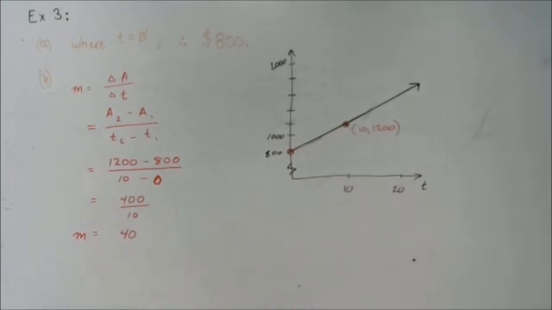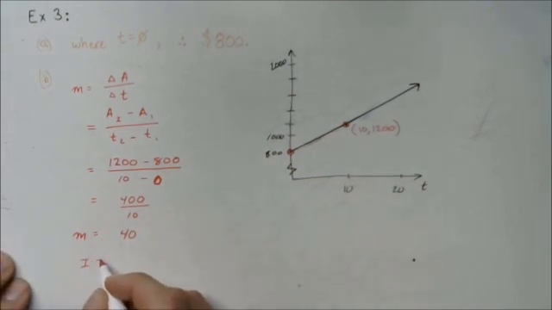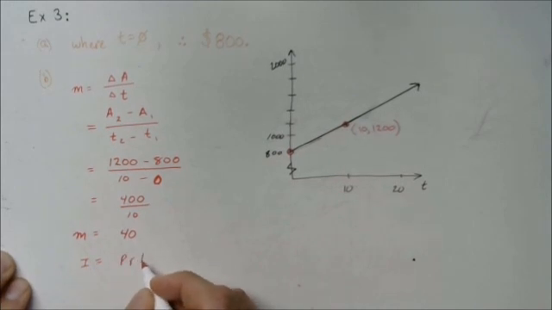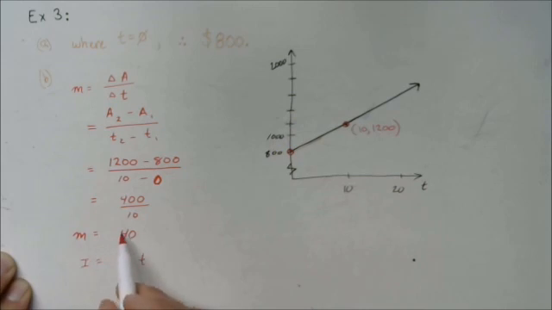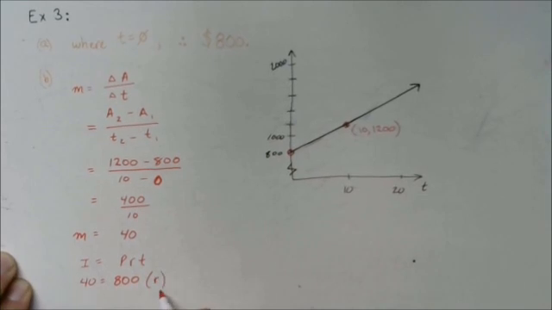So now let's look back at our formula for interest, which is I equals PRT. We've determined that this is the interest earned per year. So T is 1 when I is 40. The principal was 800, and we want to find out the rate.